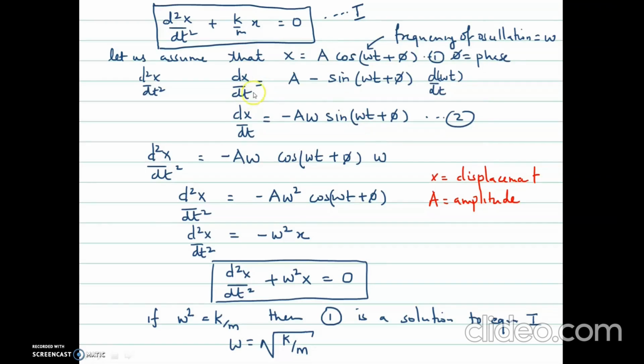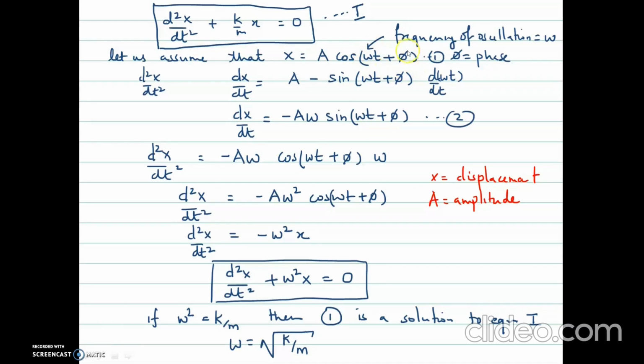So the first derivative of this equation will be dx by dt, and so you get a term which is A, a constant, and then you have to take the derivative of the cosine term, which is a negative of the sine of the term inside. So you get minus sine(omega t plus phi), and then you have to take the derivative of whatever is inside this argument.